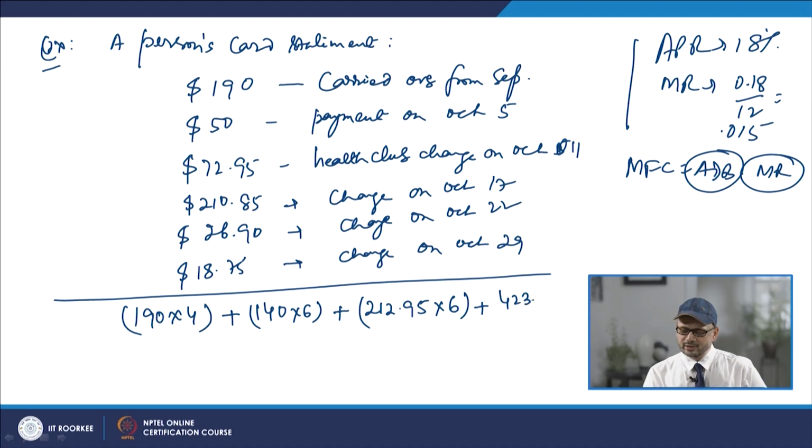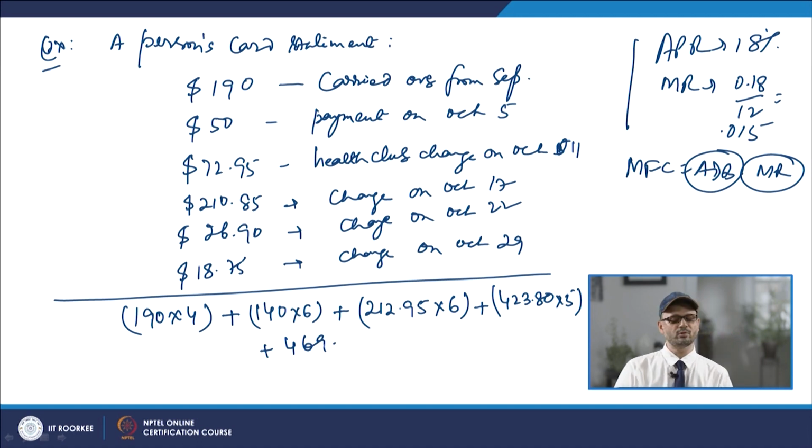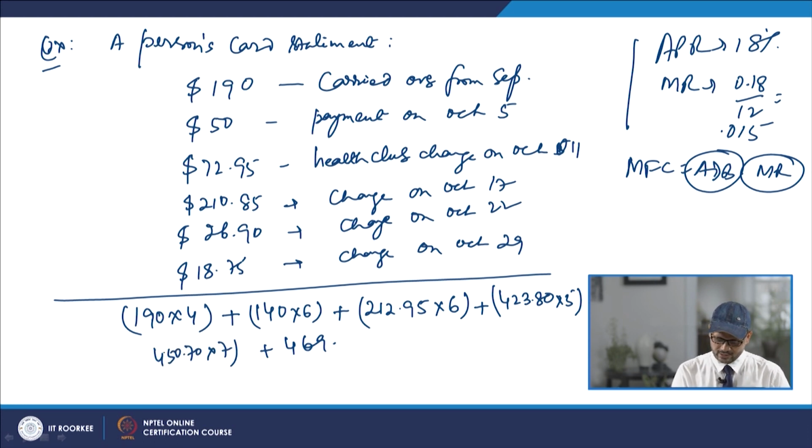So 423.80 will go for the 17th, 18th, 19th, 20th and 21st, 5 days. Then you have a further 26.90. Before that you have 423.80 plus 26.90, so it will be 450.70, and that will be multiplied by 7, plus 469.45 multiplied by 3. So this you can understand.